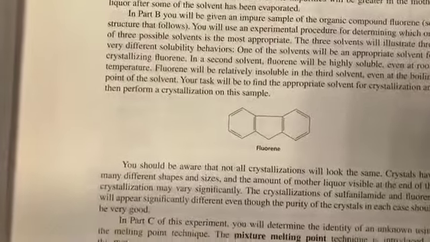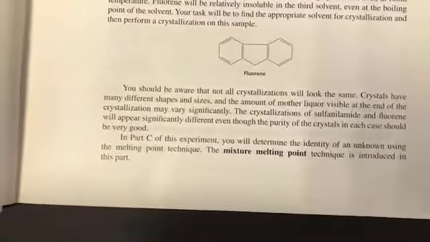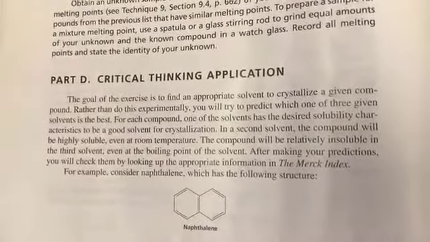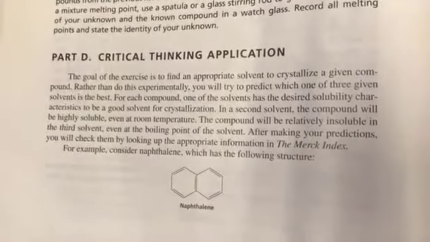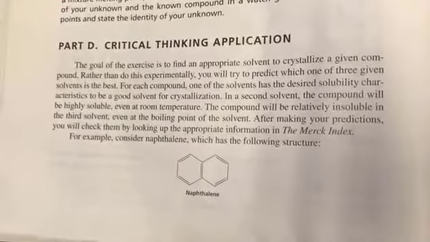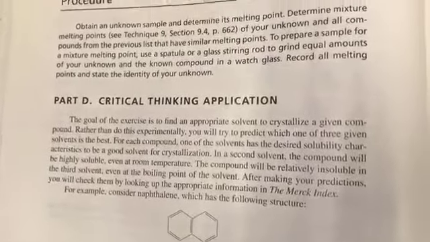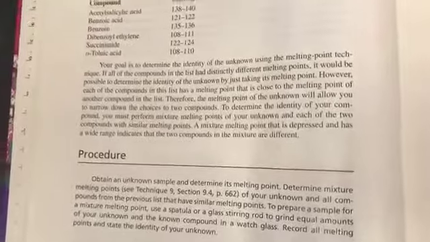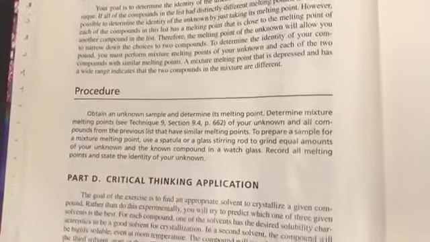In part C, you will determine the identity of an unknown compound using the mixed melting point technique. In part D, which is critical thinking applications, the goal is to predict the appropriate crystallization solvent. Three solvents will be given for one structure, so you need to determine which is the best crystallization solvent based upon its solubility and structure.